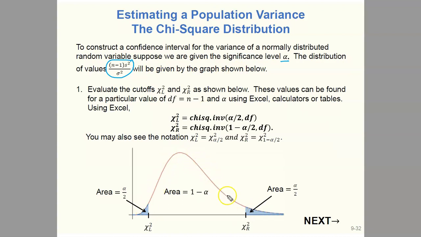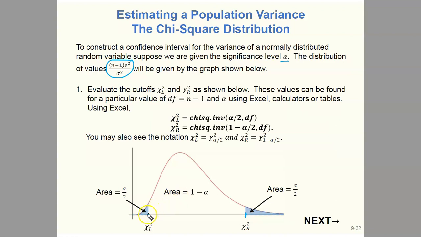So that's a typical chi-square distribution. Now, what we need to do is evaluate these cutoffs right here and right here. These are very similar to the z alpha over 2 and t alpha over 2. So these are analogous to those values that we had studied previously.